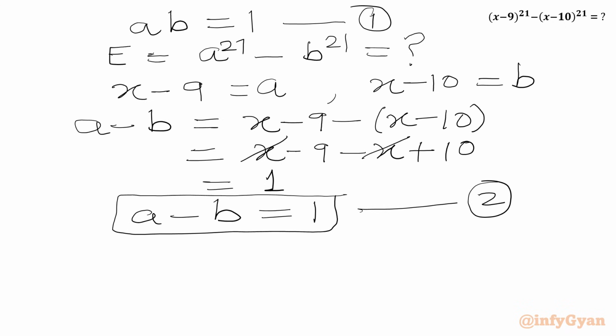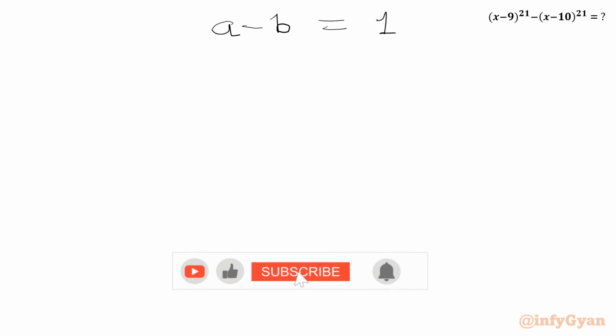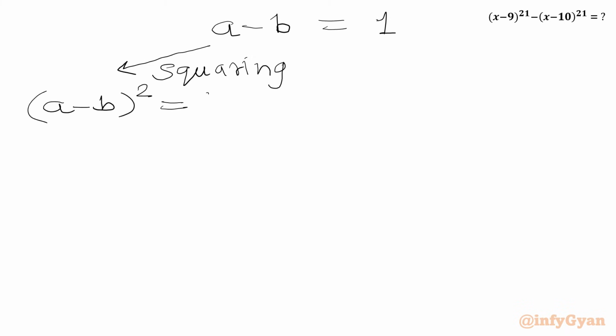Now our target expression is a power 21 minus b power 21. Now I will consider our second equation. Let me write here a minus b equal to 1. I will consider squaring both sides. So I can get a minus b whole square equal to 1 square.